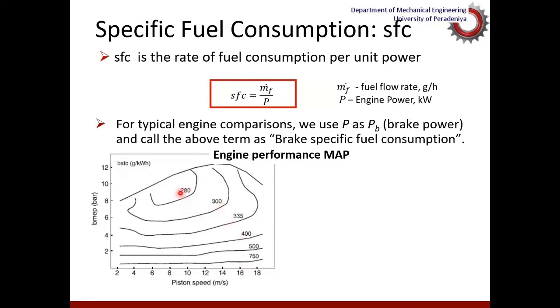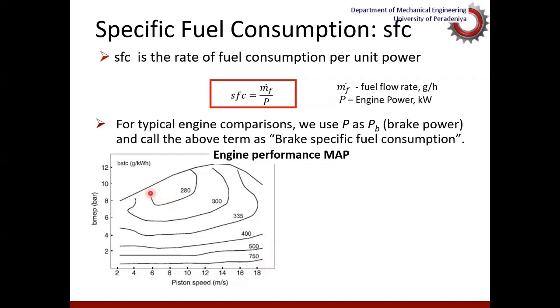So the brake specific fuel consumption increases over here. This is the contour map, and the smallest minimum value is here, and the largest value here. So it's like a valley in a mountain. This is the peak, and this is the shallowest point.